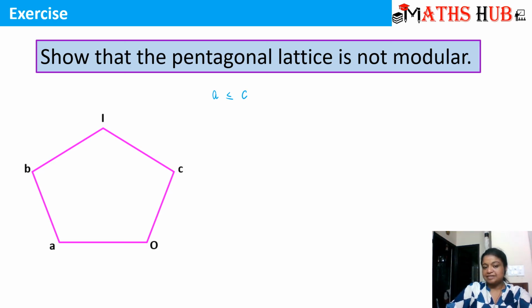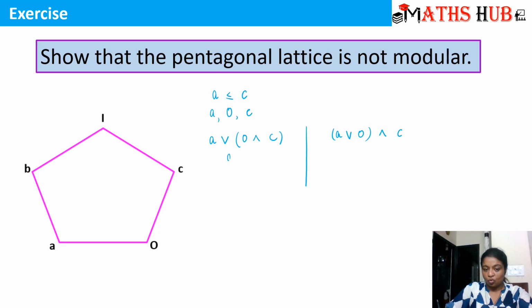If A is less than or equal to C, let's pick up the pair A, O and C. Then let's check the modular property. It is A join O meet C, and on the right hand side we have A join O meet with C. Now, what is O meet C?